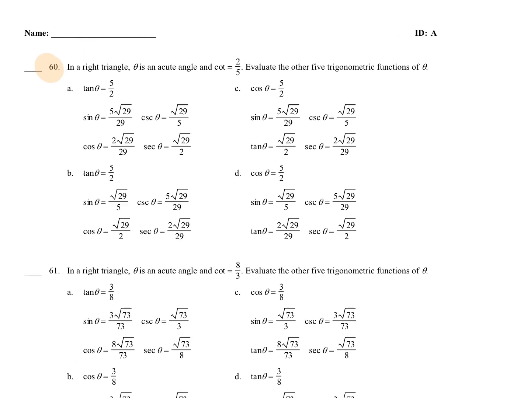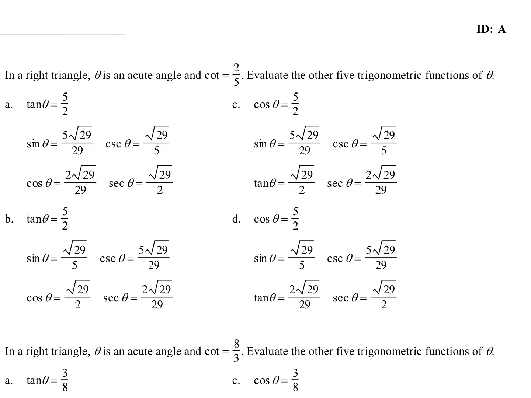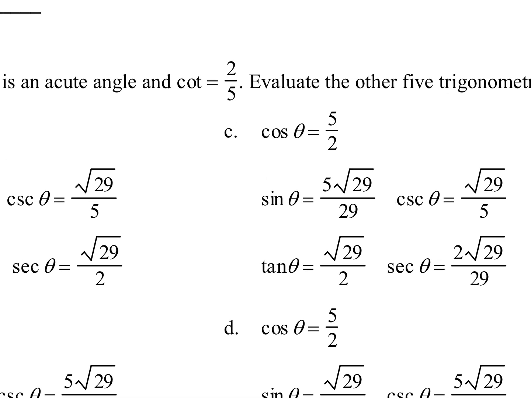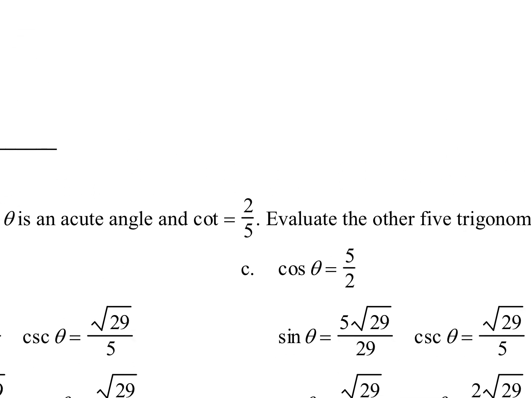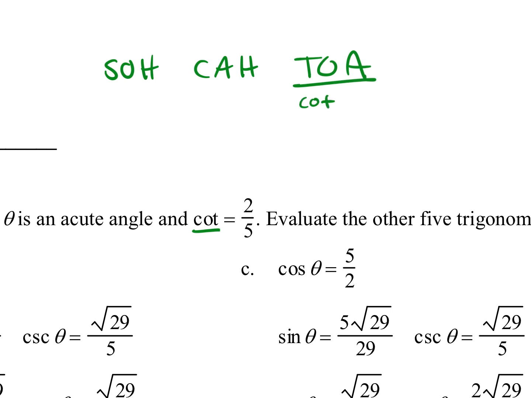So next, let's do 60. It gives us cotangent is 2 over 5, and we have to find the other 5 trig functions. So we want to use SOHCAHTOA here. Cotangent goes with tangent. So if tangent's opposite over adjacent, that means that cotangent is going to be adjacent over opposite. So 2 would be our adjacent, and 5 is our opposite.